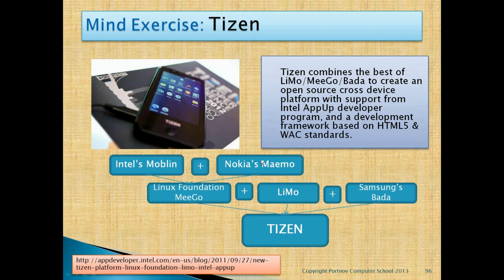Because they could not compete with Android and iPhone, they decided to create the Linux Foundation's MeeGo. But after half a year it was not successful, so they consolidated with LiMo plus Samsung Bada, and from all these giants, specifically from Asia, they created Tizen.